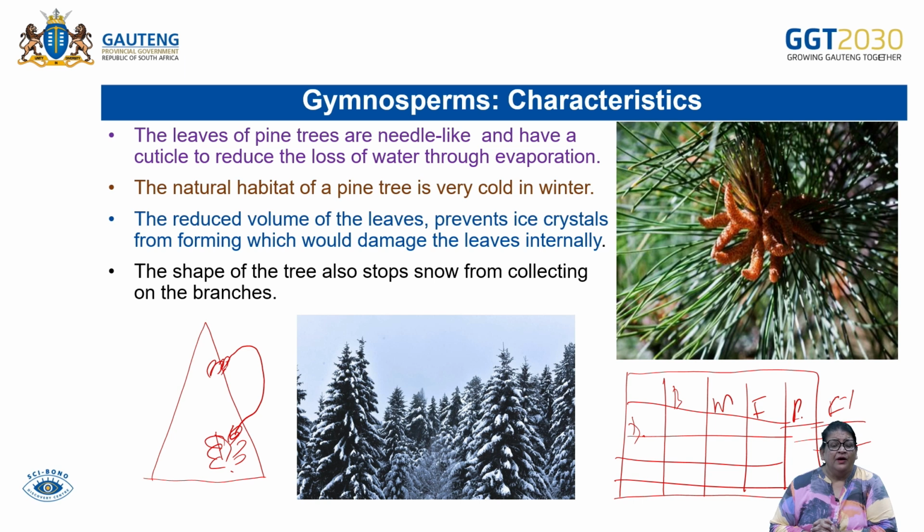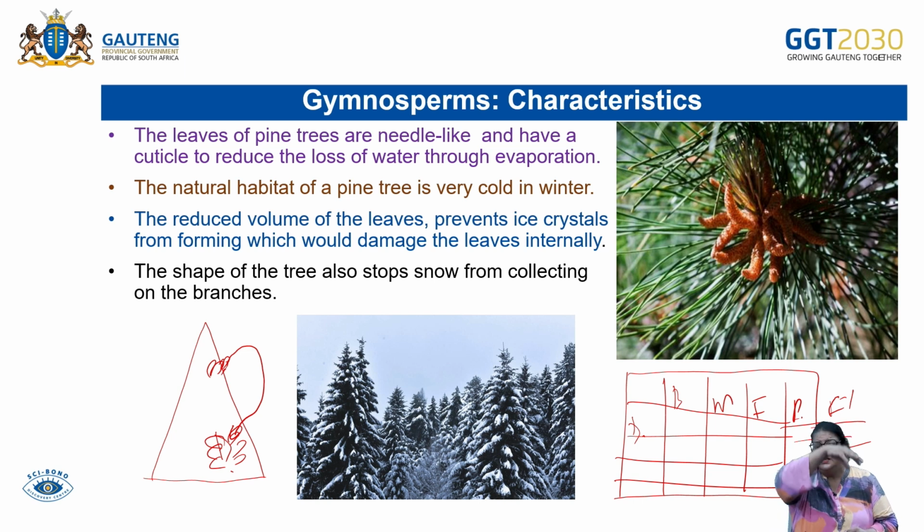Although producing large amounts of pollen can be a wasteful process, it's very important, because if you produce little pollen, the success rate of fertilization is going to be lowered.